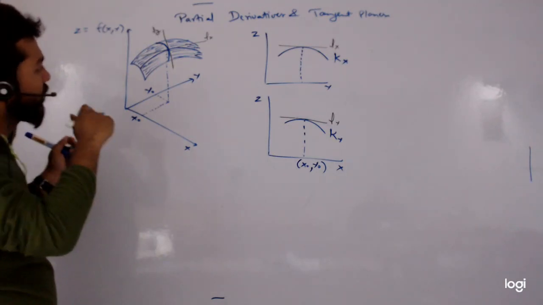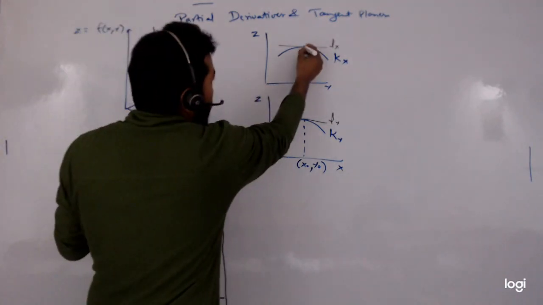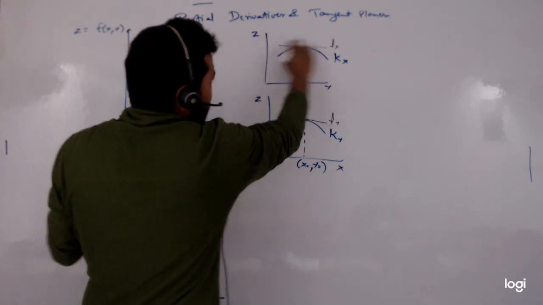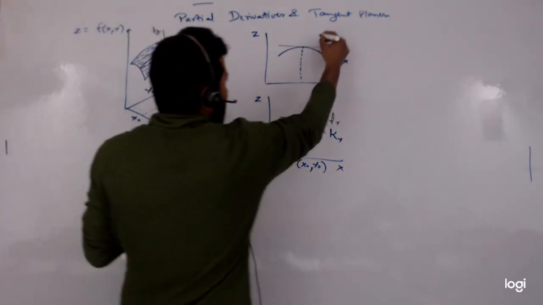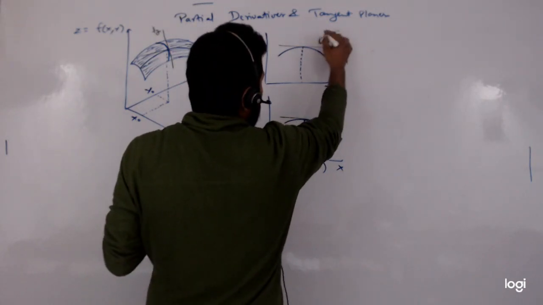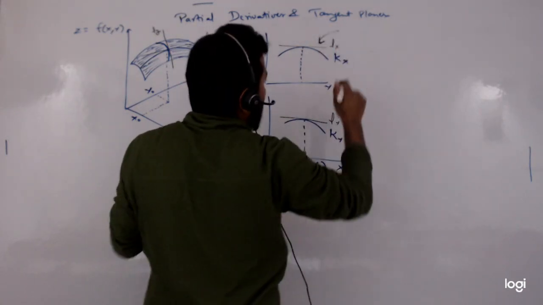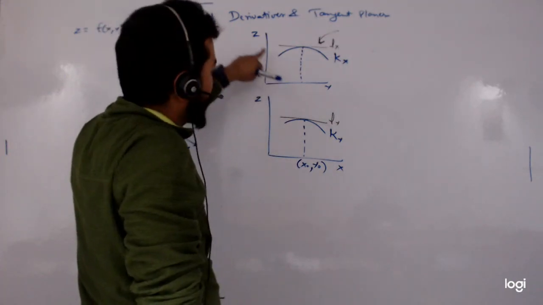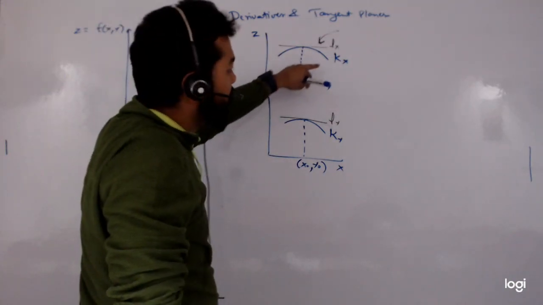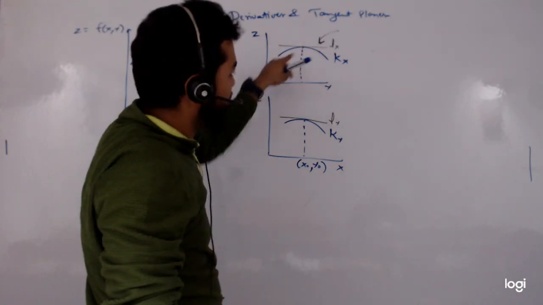Now, what's the slope of this tangent line? And it's a straight line, it's constant. The slope of this tangent line is, okay, this is the partial derivative of the function with respect to y. We're holding x constant. x is constant along this.